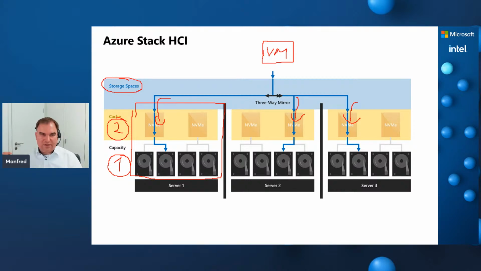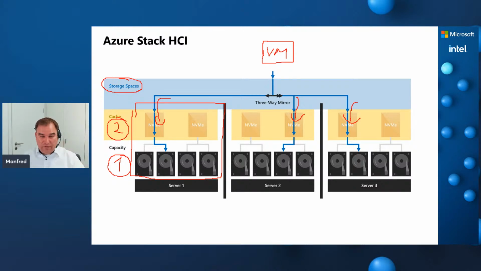Storage Spaces Direct distributes the data across the servers with two-way mirror in a two-node configuration, three-way mirror in a three-node configuration, and three-way mirror or dual parity in 4 and more nodes. So if we have 5, 6, 7, 8 nodes, we still have the three-way mirror and additionally the dual parity.